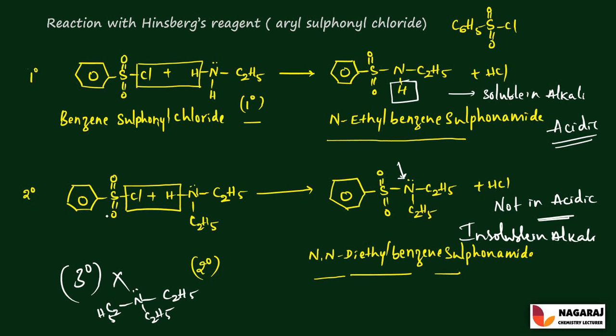So Hinsberg reagent does not react with the tertiary amines because there is no reaction between the benzene sulfonyl chloride and triethylamine because of the absence of hydrogens. That is, there are no hydrogens in the tertiary amines. Hence it does not react with the Hinsberg reagent.